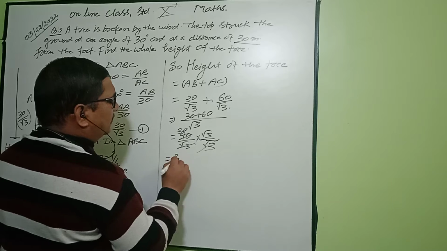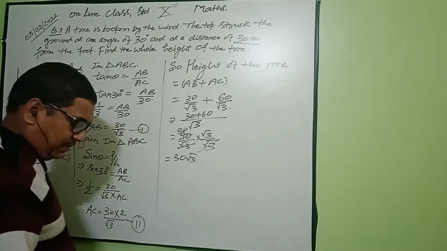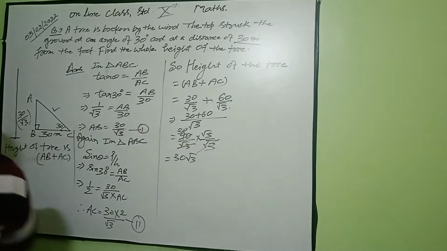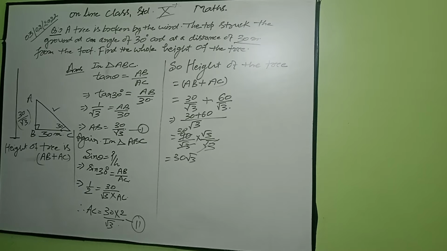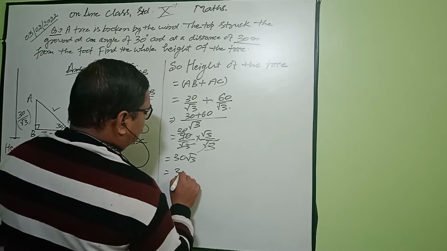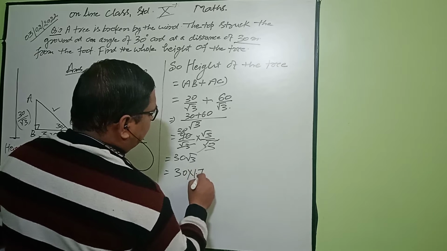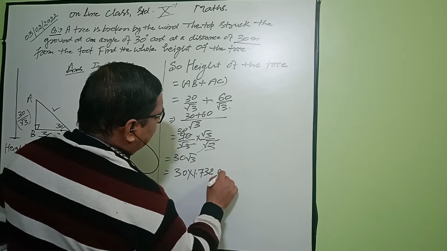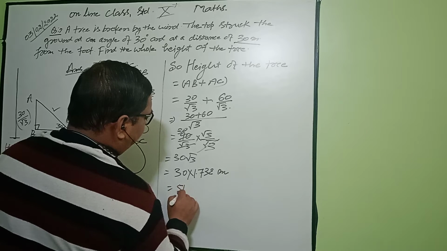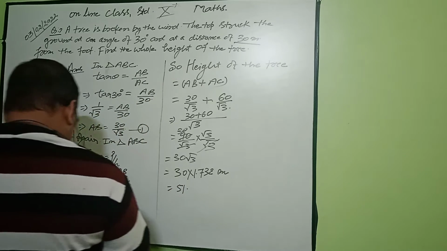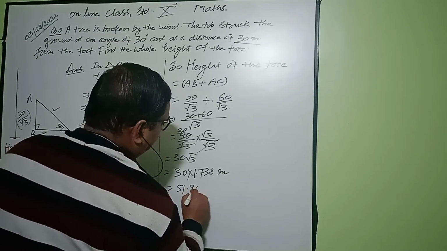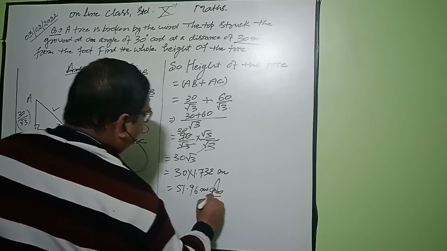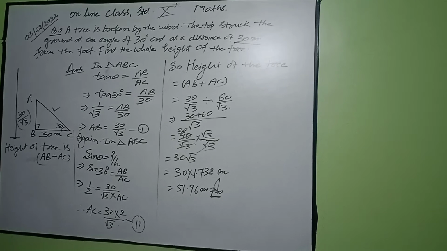It becomes 30 root 3. That is 30 into 1.732 meter. It becomes 51.96 meter.